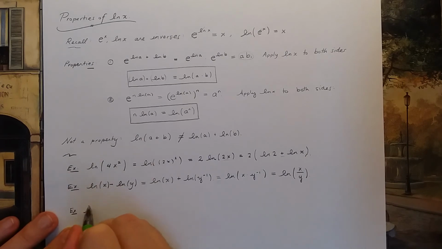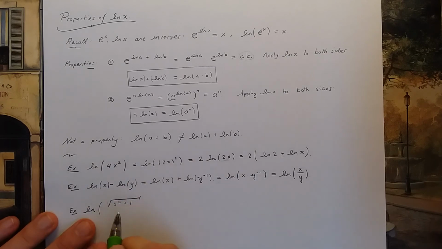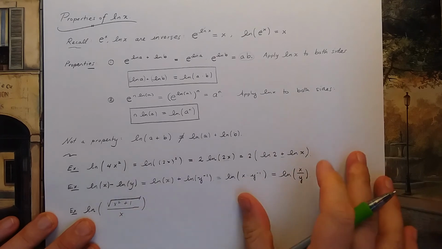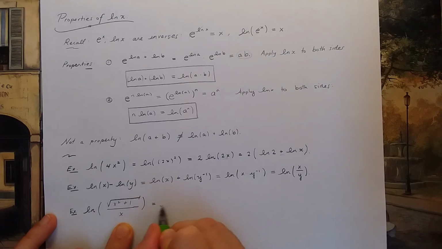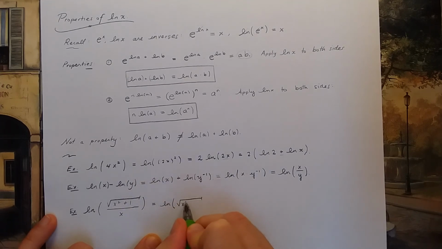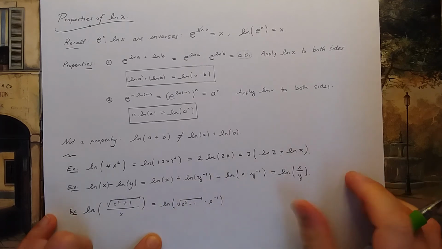So how about if I had log of the square root of x squared plus 1, all over x. For this one, I'm going to notice that I have log of the square root of x squared plus 1 times x to the minus 1 power.